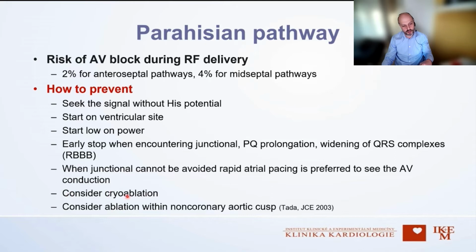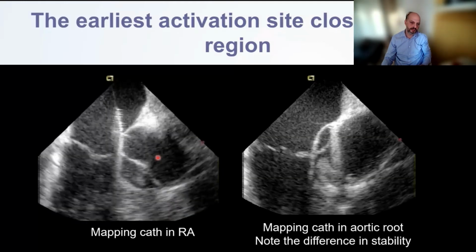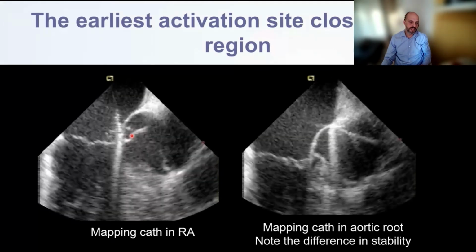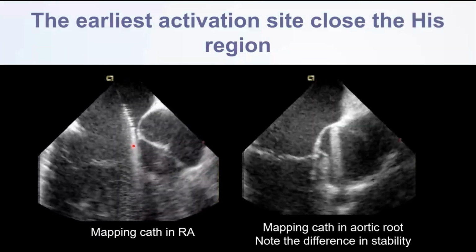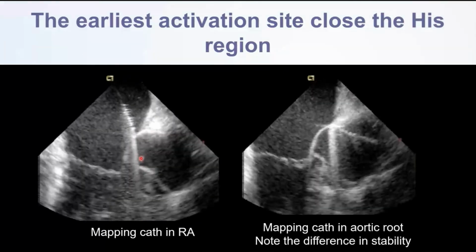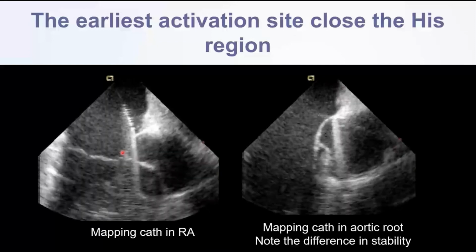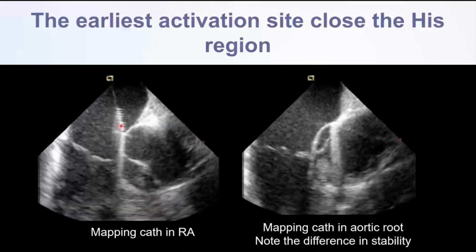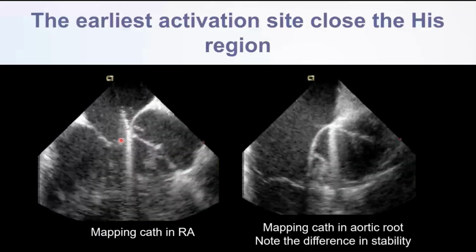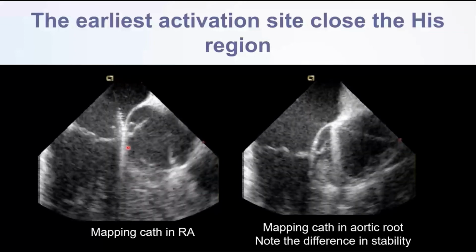Some people use cryo. Some people recommend using the non-coronary aortic cusp for those. We have one patient that we were able to ablate within the non-coronary cusp. This is the reason why it may be good in some patients. So this is the tricuspid annulus. This is the aorta non-coronary cusp, and this would be the region of the His. And as you see, the catheter here is not that stable. It jumps in and out, and you can position it more in.